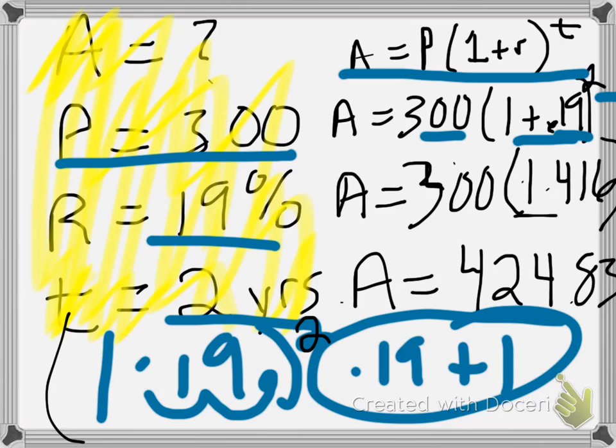That gives me this right here, the 1.416. Okay, and then I have to take that and I just multiply it by 300. Okay, so 300 times 1.416 is that 424.83. And that tells you the whole amount that you now owe after it's been compounded for 2 years.